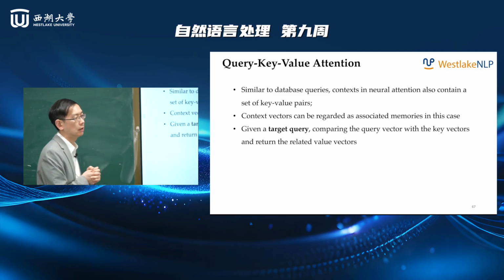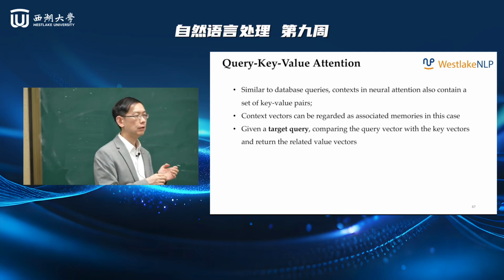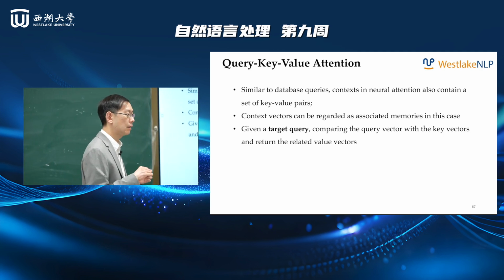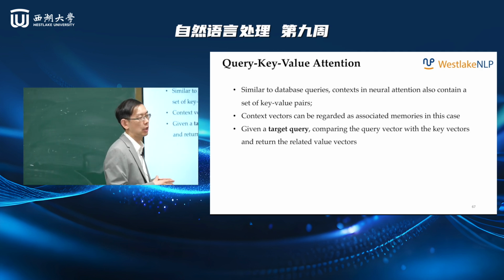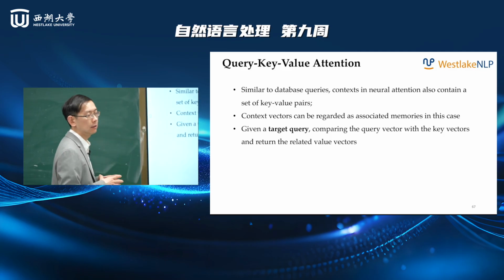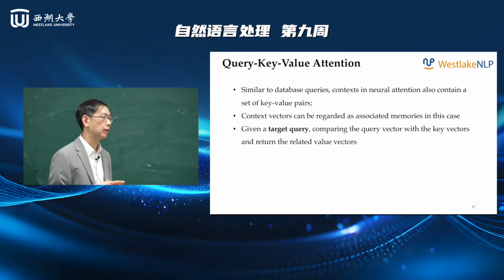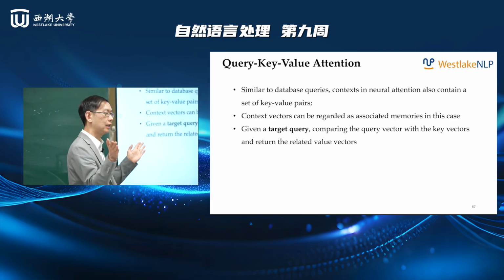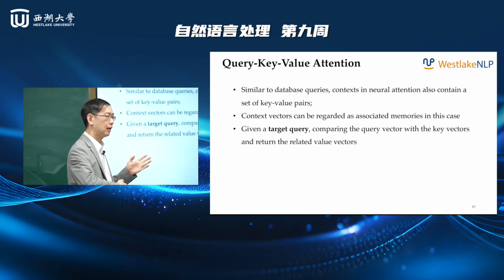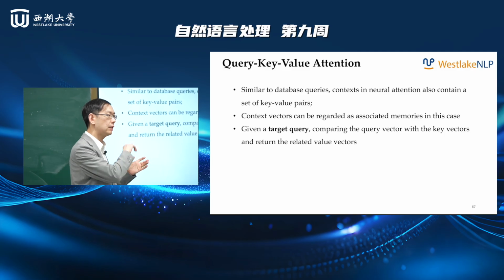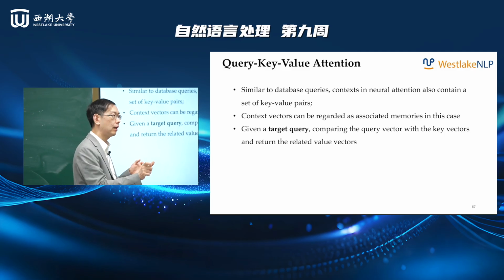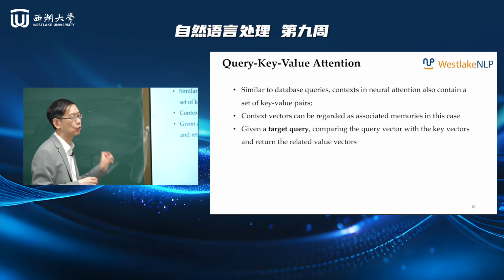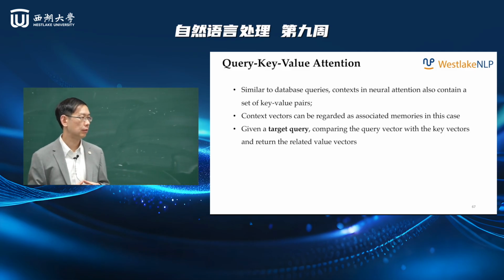In other words, you calculate the weighted sum of HI, and the weights are calculated using Q and HI. This is a little bit different from database query. For database query, you have a key to your database table, and you use a query on these keys, but whatever you retrieve are the values. So this is called query key value retrieval.